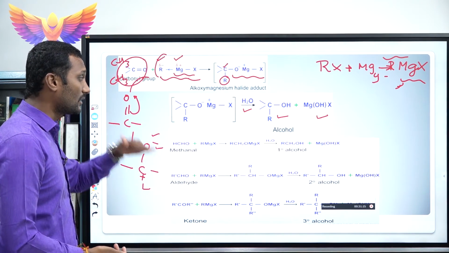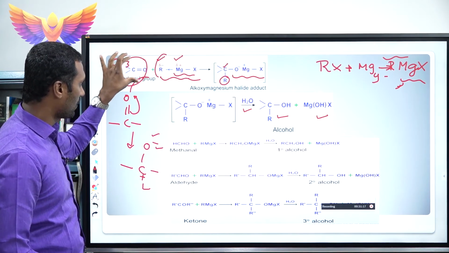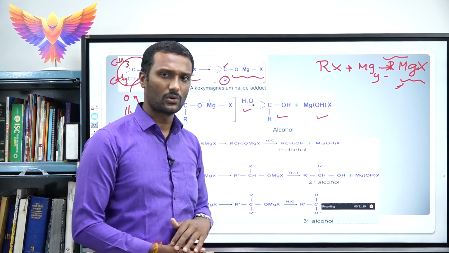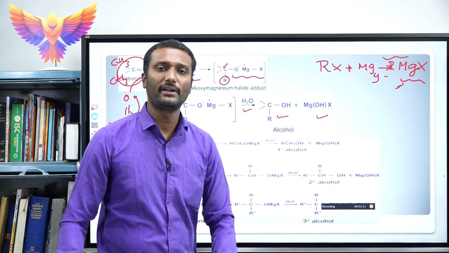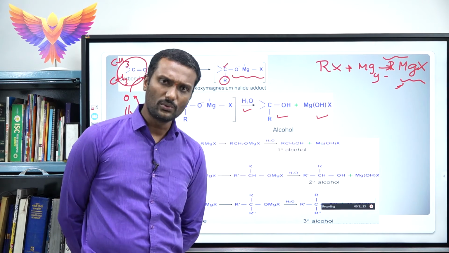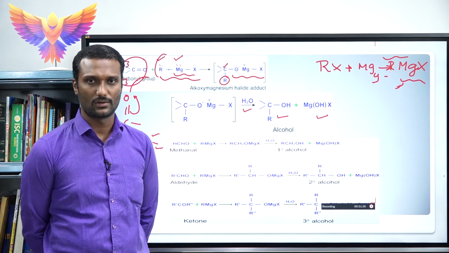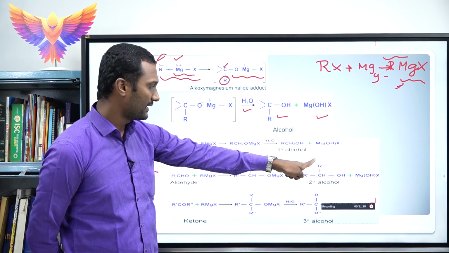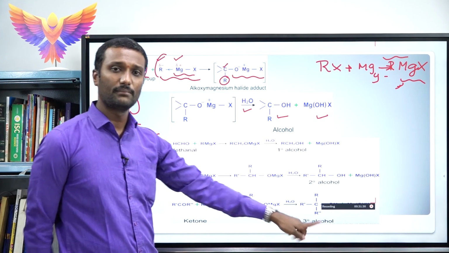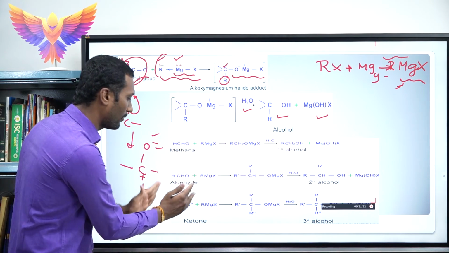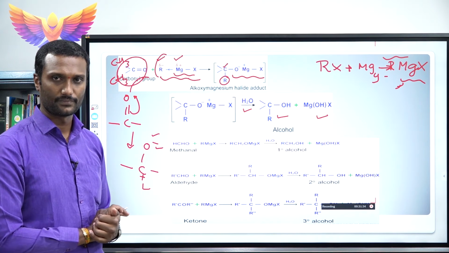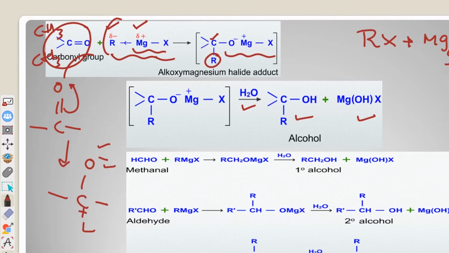So here the question: we understood the carbonyl group giving an alcohol. What type of alcohol? We have 1 degree alcohol, 2 degree alcohol and 3 degree alcohol. So how to prepare the 1 degree, 2 degree and 3 degree? By taking different types of carbonyl group. First we have methanal, also known as formaldehyde.